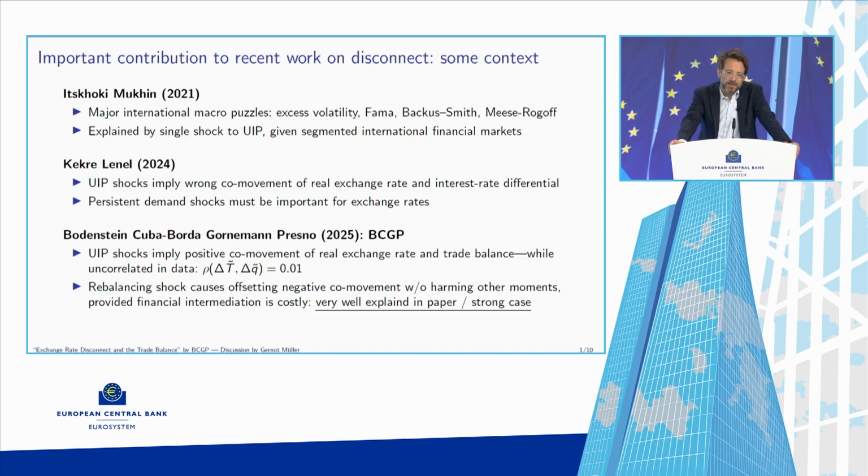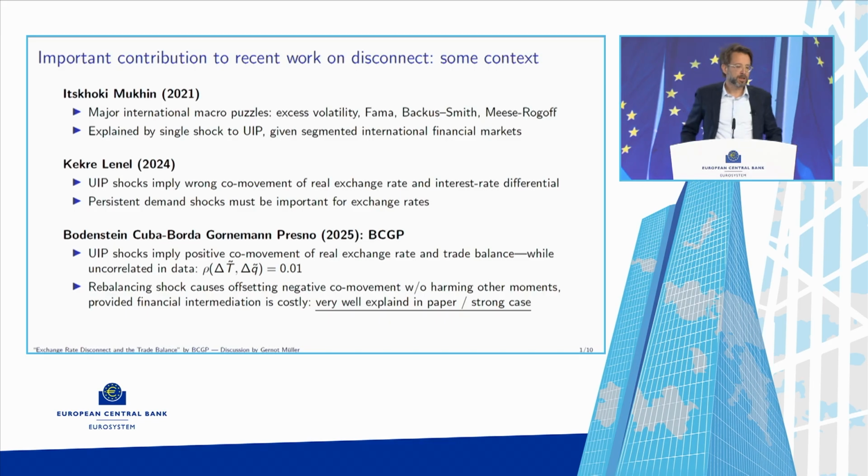And all these puzzles can be explained within a fairly standard international business cycle model once you assume that international financial markets are segmented and you add a single shock to the UIP condition. So that's the story. This paper was quite influential in the last couple of years and has shaken the field, I would say.